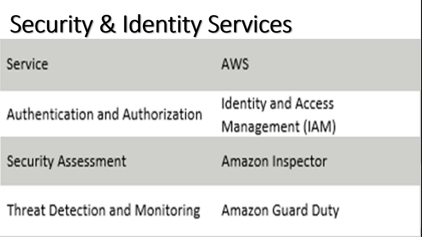It automatically assesses applications for exposure, vulnerabilities, and deviations from best practices. It gives a security assessment which helps you check for unintended network accessibility of your Amazon EC2 instances and for vulnerabilities on those EC2 instances.